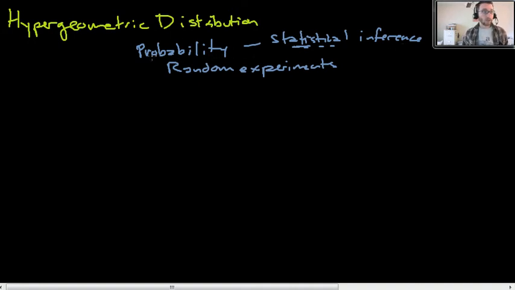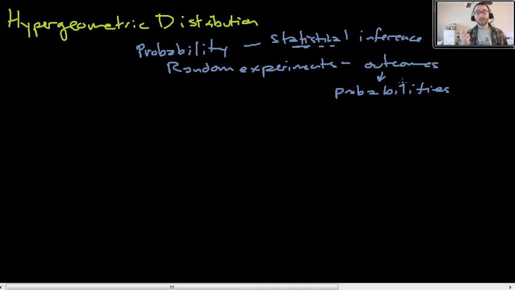In order to do that, we need to add some tools to our toolkit. Probability is one of them. We have random experiments. These lead to outcomes. We assign these outcomes probabilities, and the probabilities all have to add to 1. We looked at a few ways to assign probabilities. The classical method is one. That's where we just divide probability evenly.